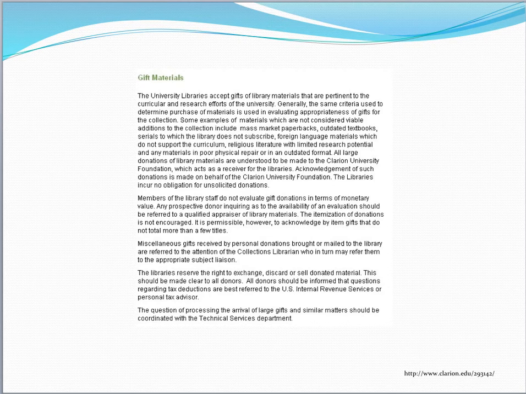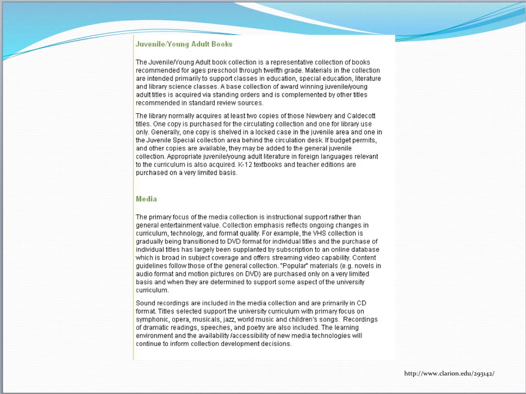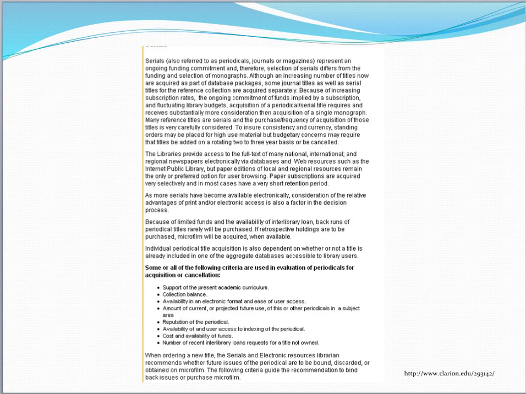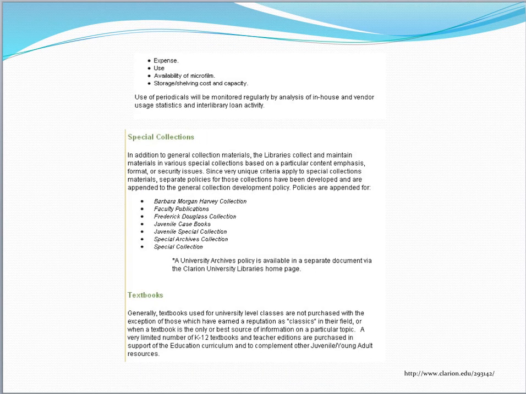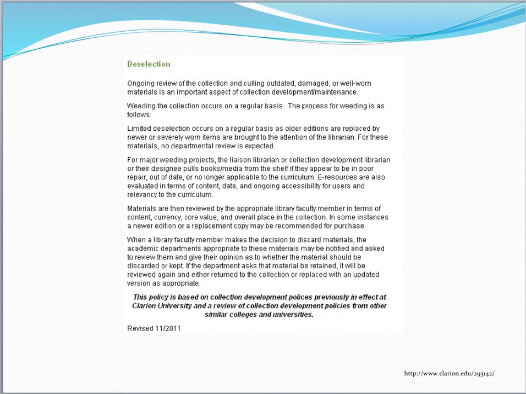In most cases, we have to have guidelines to see why and what kind of gift we can receive, because some materials are not relevant for the collection, so we don't have to receive them. In terms of collection, juvenile, young adult books, media, serials, special collections, and this section also covers how we get rid of old materials.